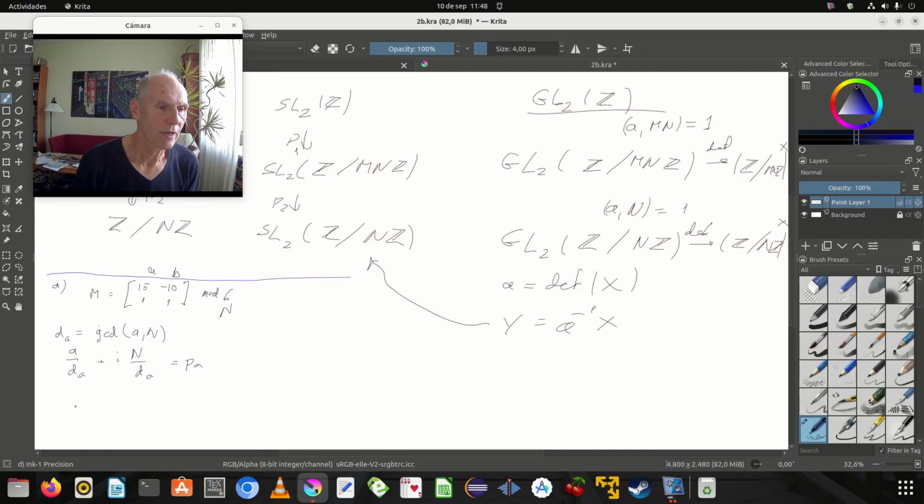That means that A plus IN equals dA times this prime. We do the same with B, so we get B plus JN equals dB times some prime. And as already mentioned, we know that dA and dB are mutually prime.